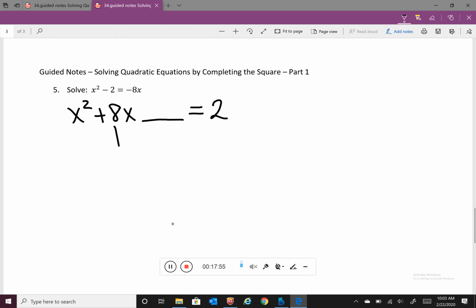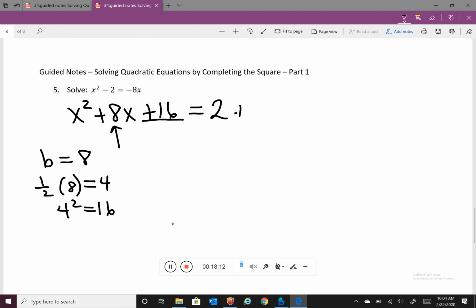So now we're focusing on b, and b is 8. So we're going to take 1/2 of 8, which is 4, and 4 squared gives us 16. And so this tells us what we're going to add to both sides in order to complete the square.